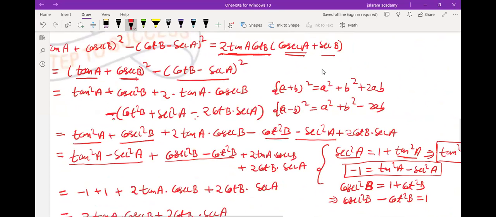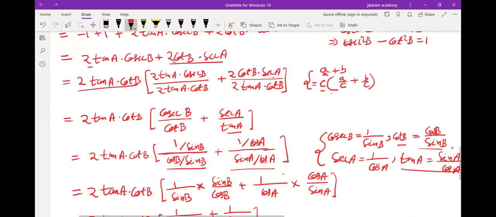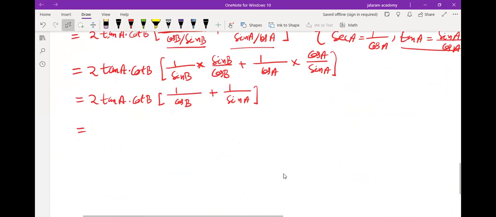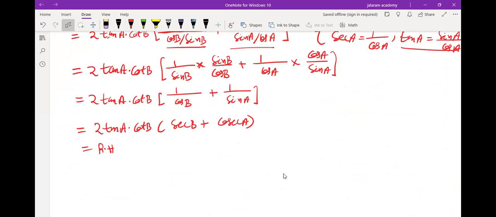Cosec A means 1 by sine A, sec B means 1 by cos B. So 2 tan A cot B into 1 by cos B becomes sec B plus 1 by sine A becomes cosec A equals to RHS, hence proved.